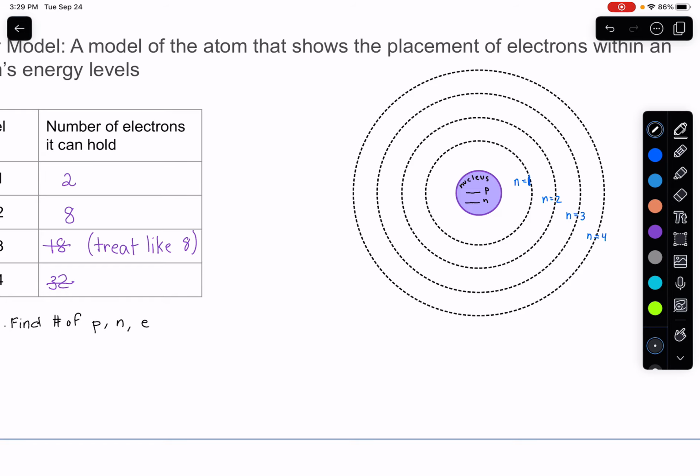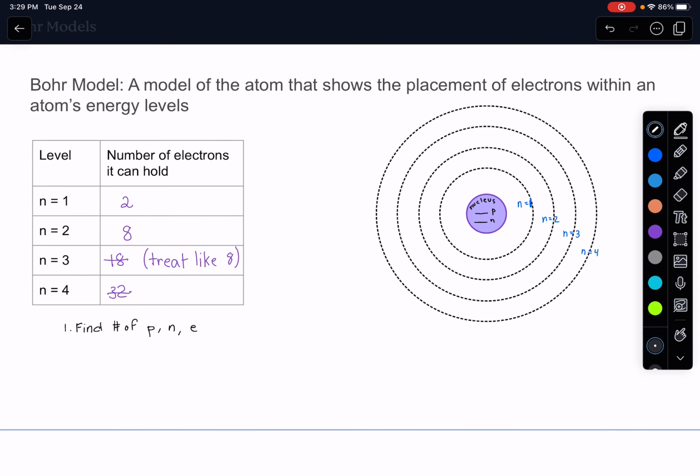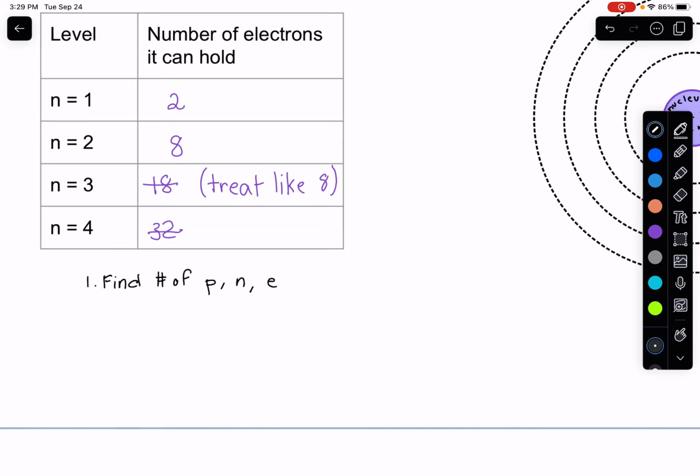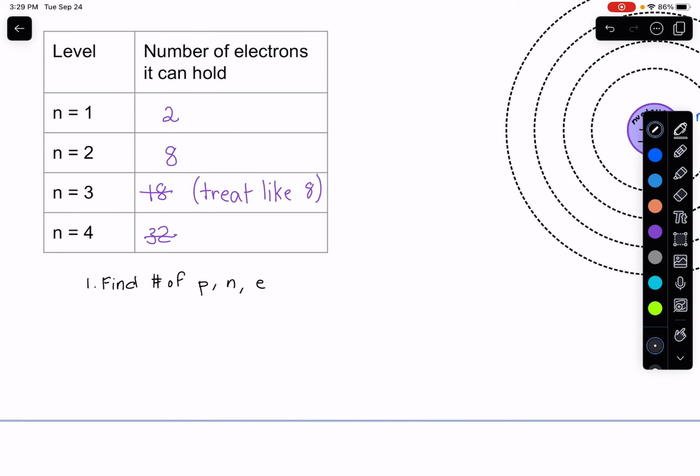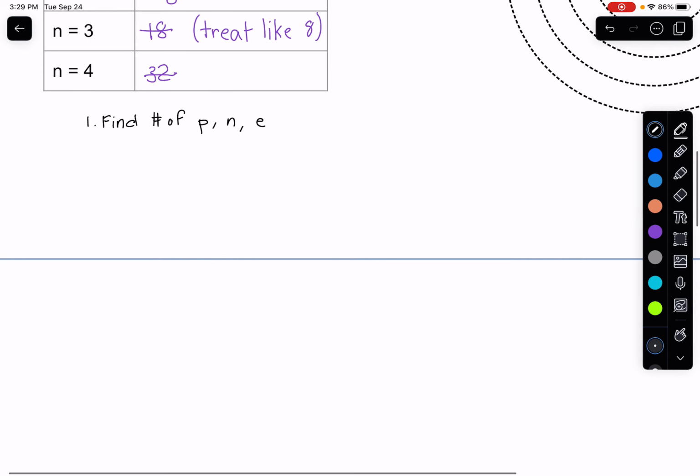All right, so let's go ahead and do one example so that you can see how this is done. So let's say I am drawing a Bohr model for sulfur 34. Okay. So like I said, step 1 is going to be to count the number of protons, neutrons, and electrons. And I'm just going to do that underneath over here.